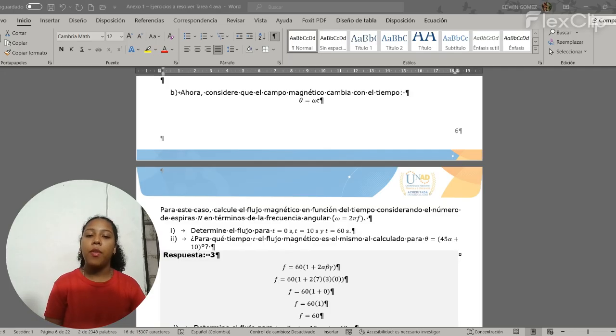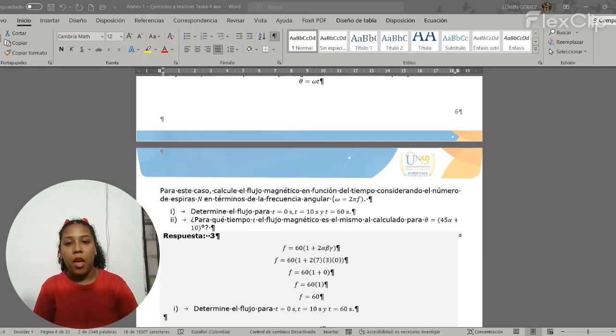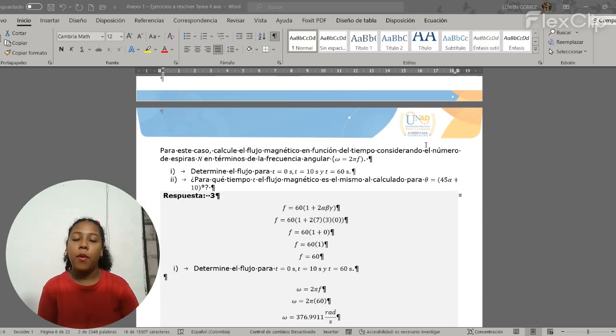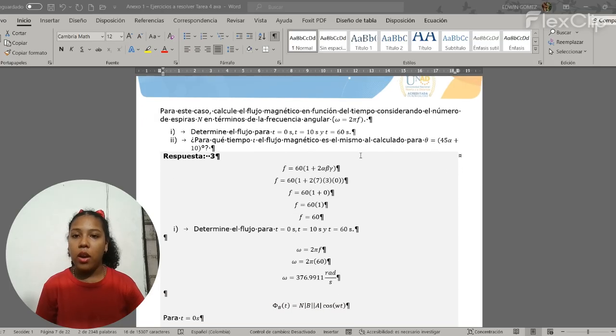Flux as a function of time. In the next part of the problem, the magnetic field becomes time-dependent through the angle. The angle is expressed as a function of time using the angular frequency, calculated from the given frequency.